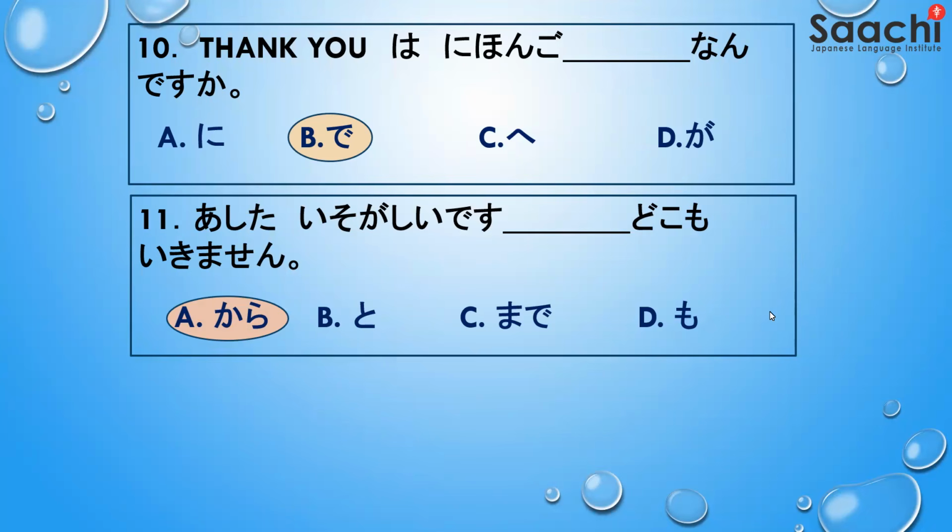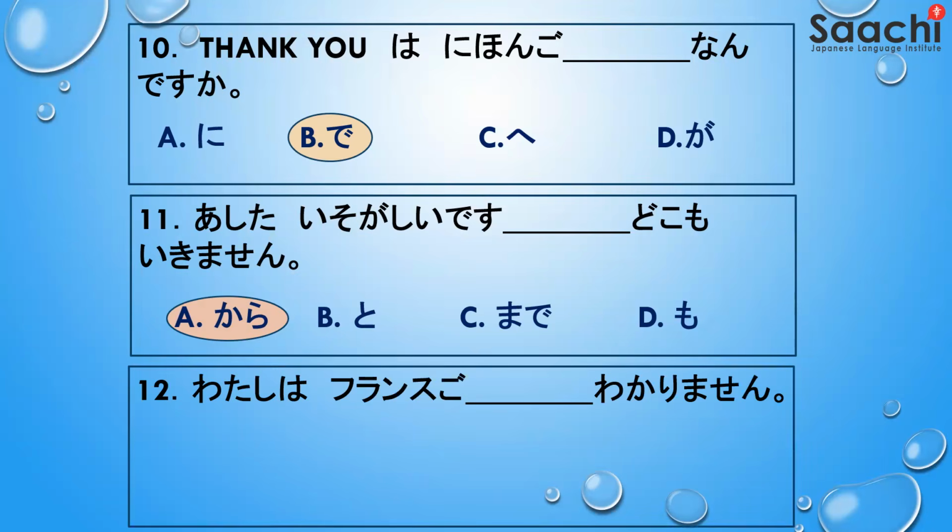明日忙しいですから、どこも行きません。私はフランス語。わかりません。を、へ、が、も。Answer is フランス語がわかりません。So, わかります takes が particle.